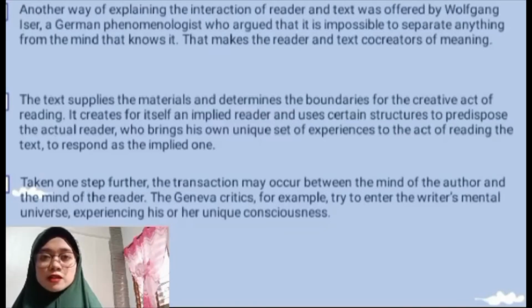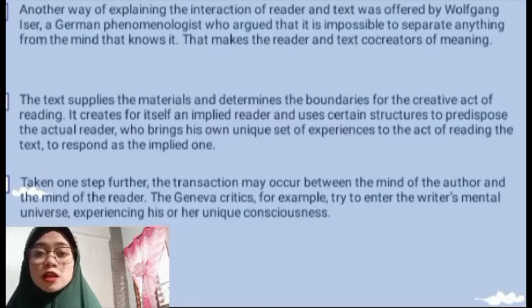The text provides the necessary elements and sets the parameters for the creative act of reading. It establishes an implied reader for itself and employs particular patterns of predisposition, while the actual reader brings his own set of experiences to the process of reading the text and responds in the same way as the implied reader.